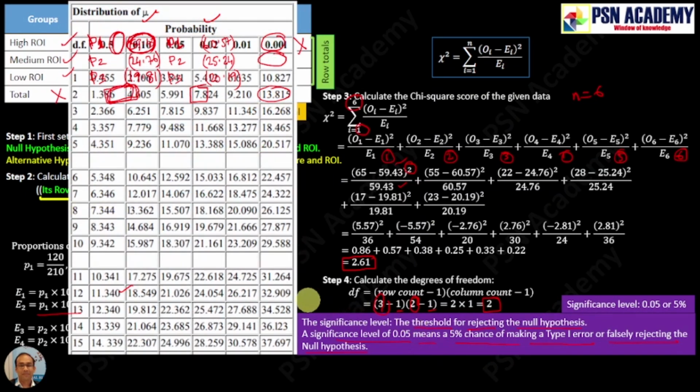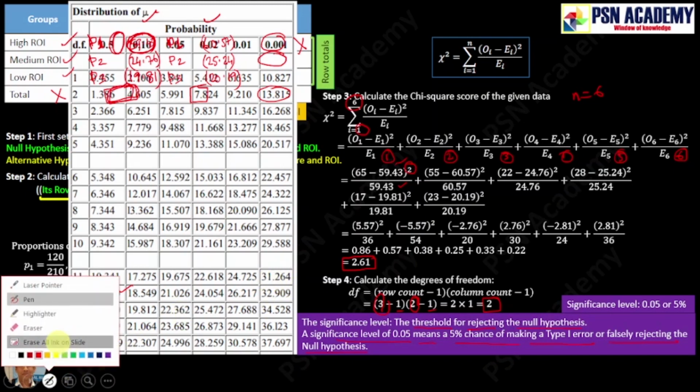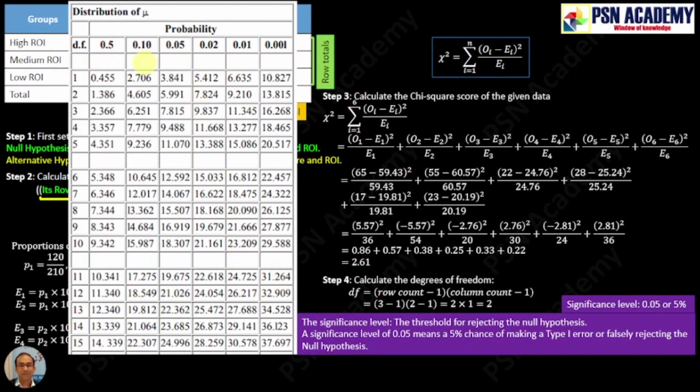So we consult the table here. Well, let me clean this up. Okay, so you have this table and we are dealing with significance level 0.05, so we will deal with this column. Here you go with 0.05, and we have a degree of freedom of 2 here, so we will deal with this row.